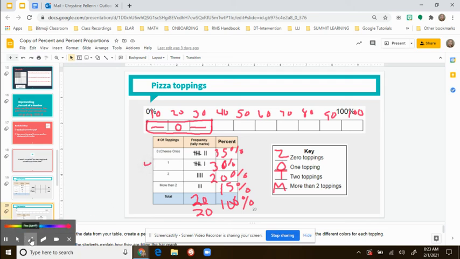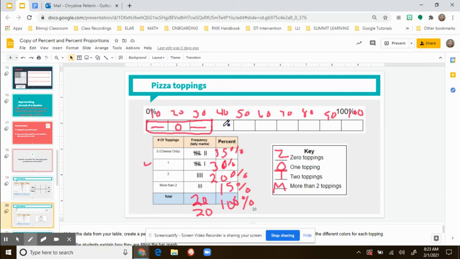Then I'm going to pick a different color. I'll give you time to do that. The next one that's counting by tens is 20%, the 2 toppings. This is what you need to know: it doesn't mean it's right here. You go right beside it. Yes, this says 40 and 50, but we're counting by tens.